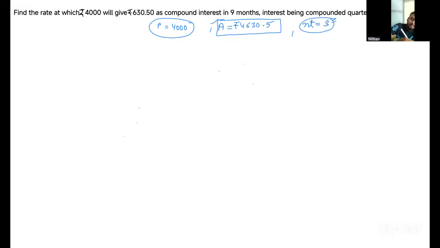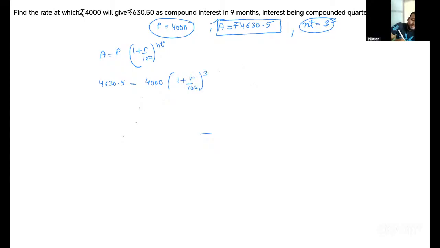Now the formula is amount is equal to principal into 1 plus R upon 100 to the power NT. So the amount 4630.5 is equal to P, which is 4,000, into 1 plus R upon 100 to the power 3.